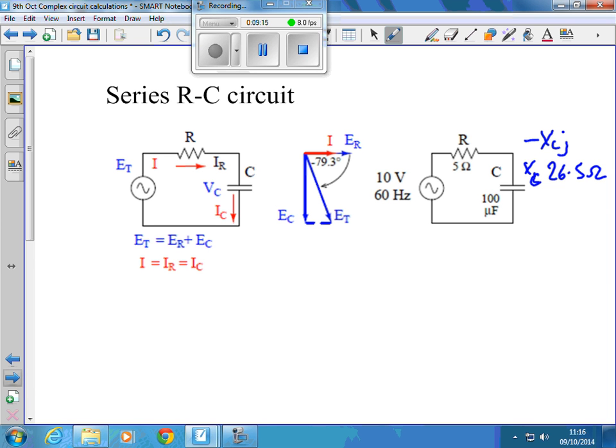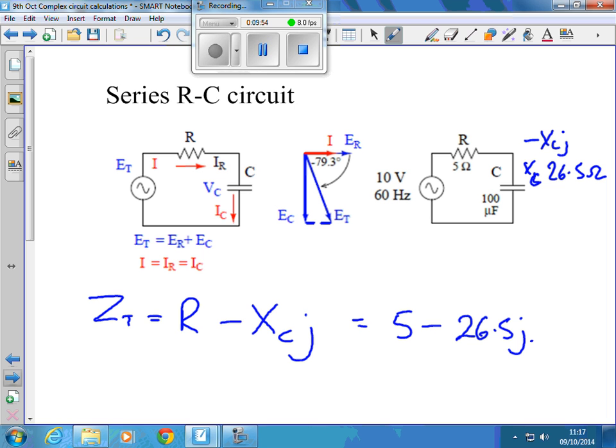We've got that in rectangular form, and that's got to have a negative sign in front of it. So our total impedance, with those two added together, let's write the formula out. It is R plus minus jXC, which is 5 minus j26.5 ohms. Convert that into polar form.